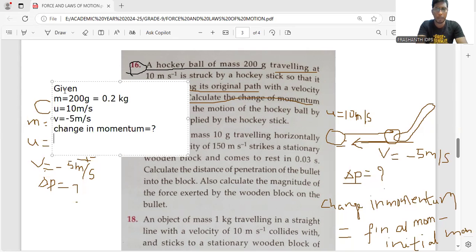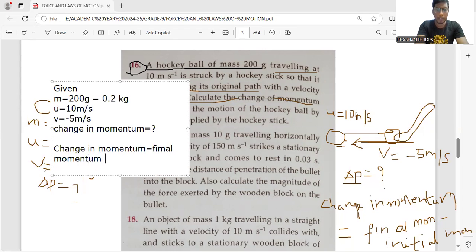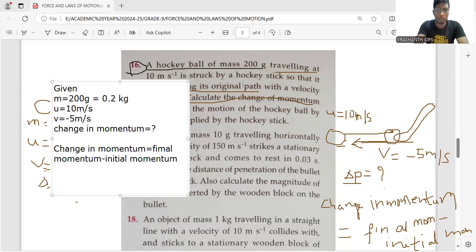The formula is change in momentum is equal to final momentum minus initial momentum. Delta represents change, which is equal to mv minus mu.